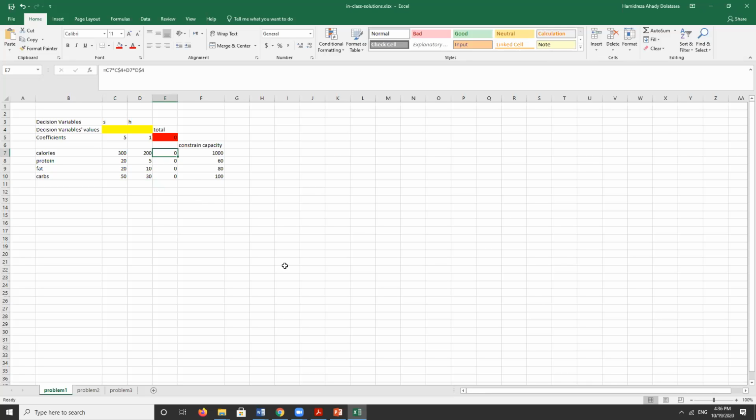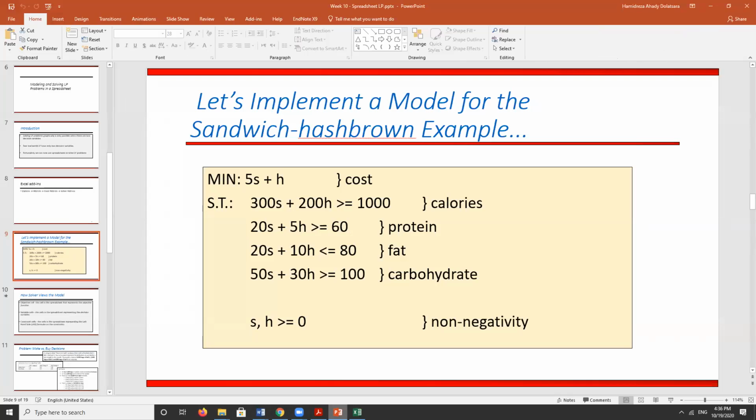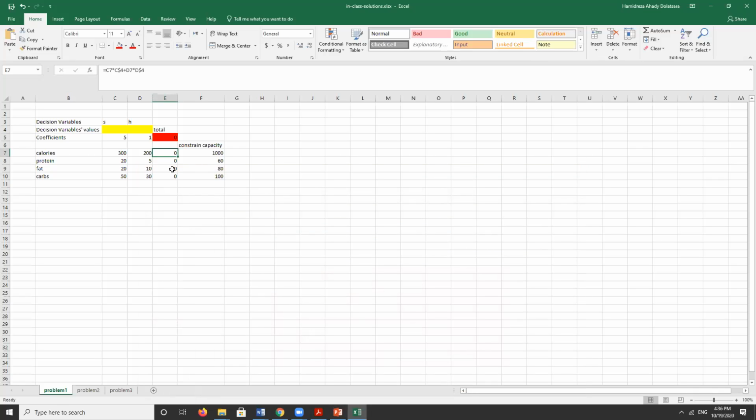if you look at the problem, calories should be more than 1,000, protein more than 60, fat less than 80, and carbs, I think, more than 100. So whatever I decide for my decision variables, tell me if I'm passing my constraints or not.